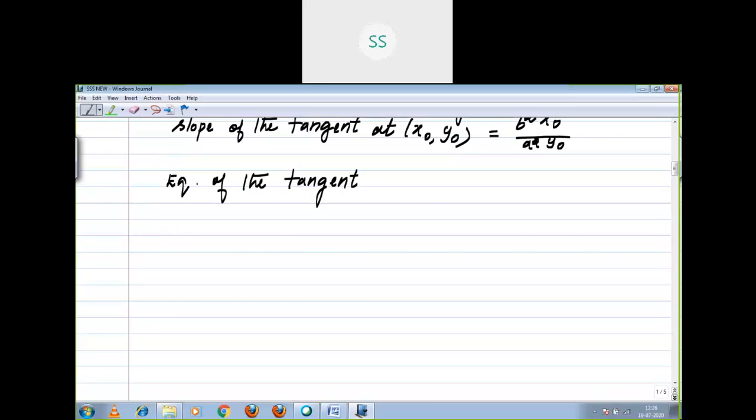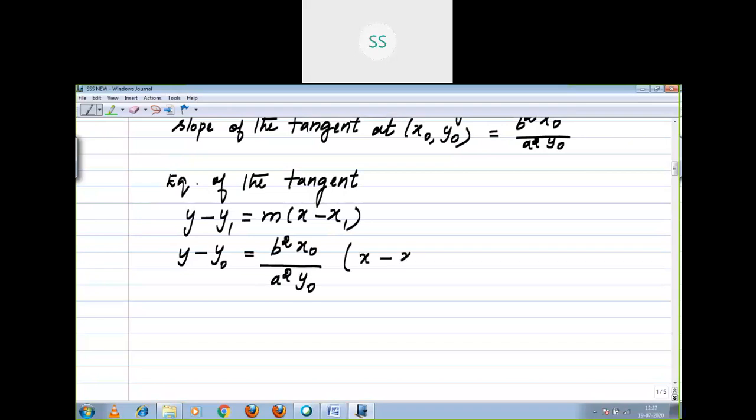That is y minus y1 equal to m into x minus x1. What is your y1 here? It is given as y0. y minus y0 equal to, what is your slope? b square x naught divided by a square y naught into x minus x naught.